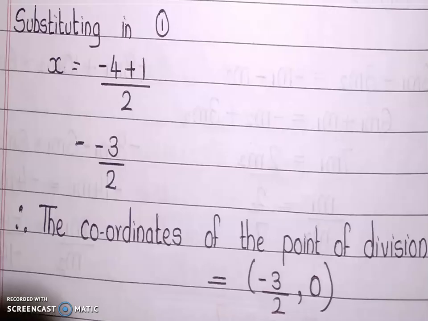So what will you get? x is equal to minus 4 plus 1 by 2, that is minus 3 by 2. So the coordinates of the point of division is (minus 3 by 2, 0). Where is 0 coming from? As the point is on the x-axis, y coordinate is 0. Hope you understood that. Now going to the 6th question.